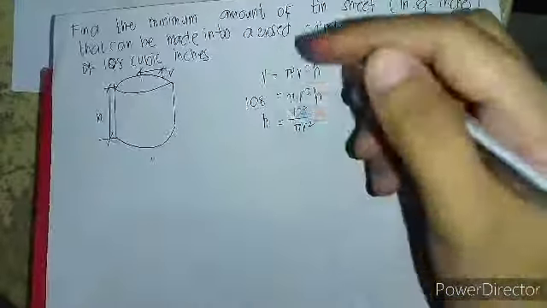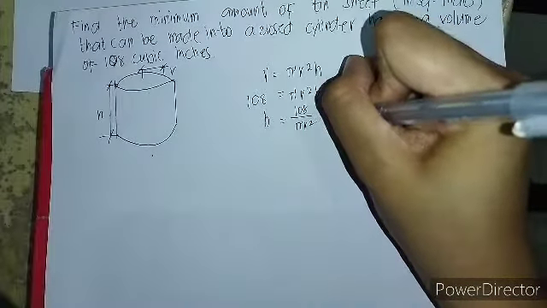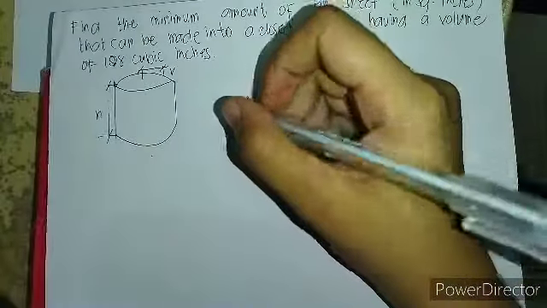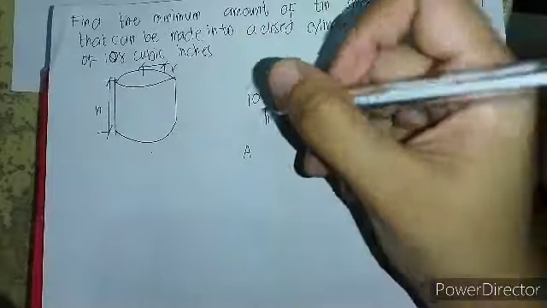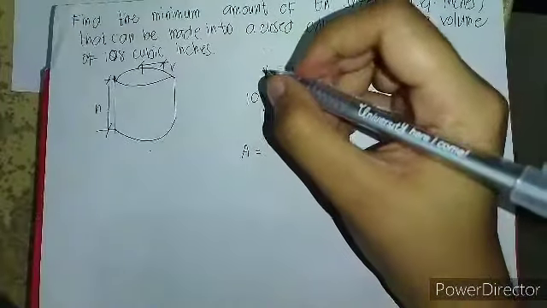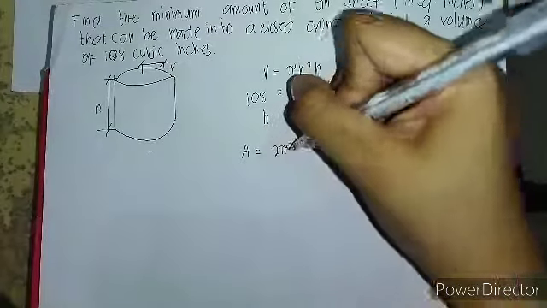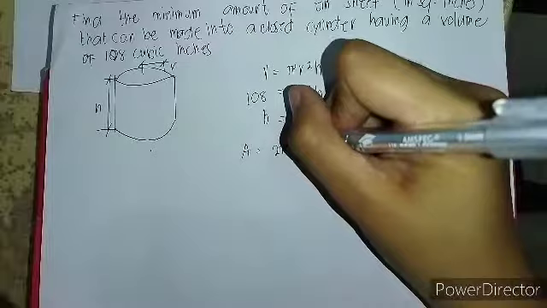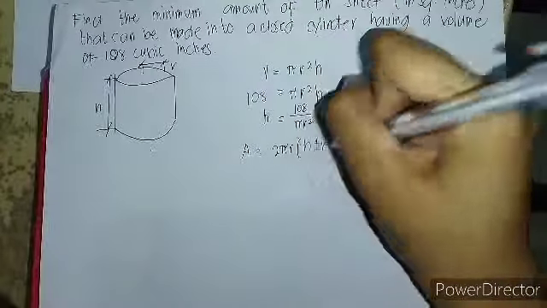This would be our equation number 1. Next is the area. The area of a cylinder is equal to 2 pi r times h plus r.